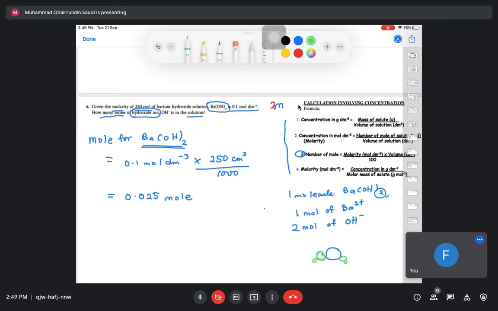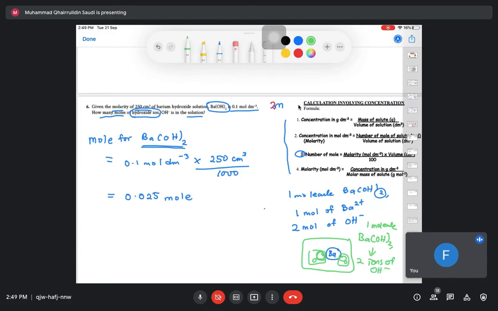In one molecule of barium hydroxide, you have 1 atom of barium and 2 of hydroxide. So 1 molecule of barium hydroxide consists of 2 ions of hydroxide.